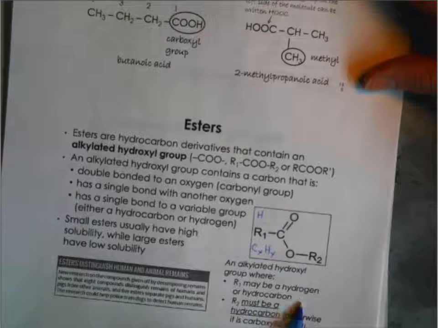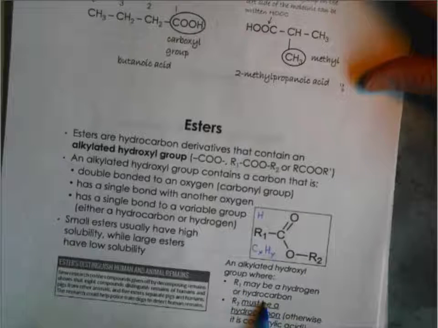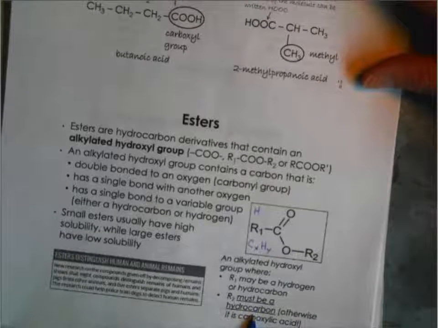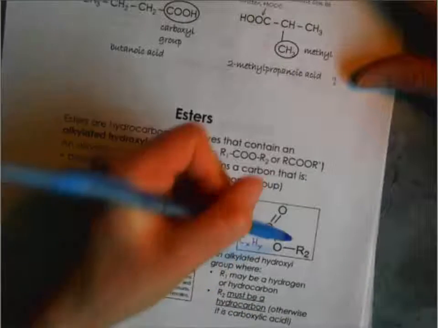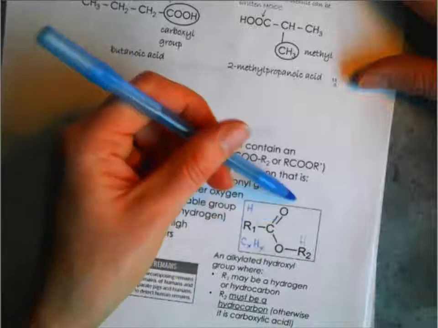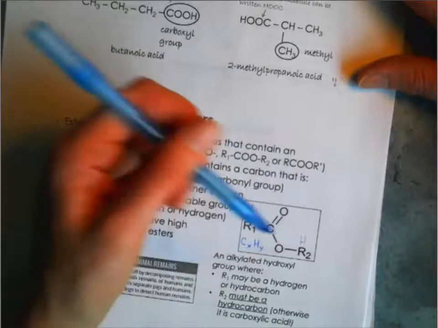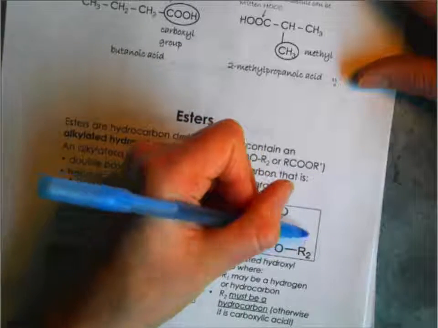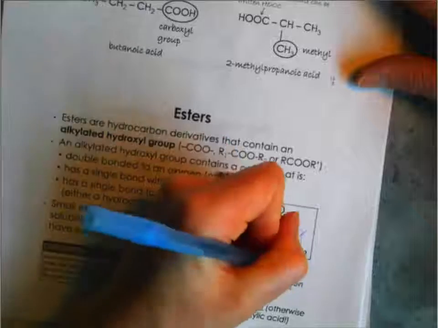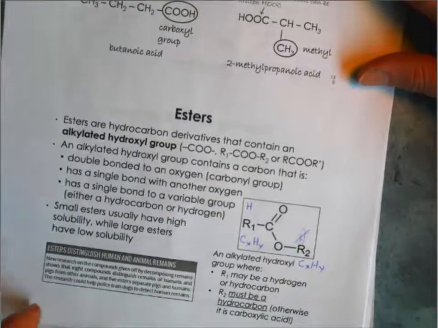R1 has the hydrogen or hydrocarbon. R2 has to be a hydrocarbon, okay? Because if that was a hydrogen, then as you can see, this would be a carboxylic acid, right? Because you'd have the double bonded O and then the OH. So this one can't be an H. It has to be carbon and then whatever else. So again, CXHY could be any number of carbons and any number of hydrogens attached to it.